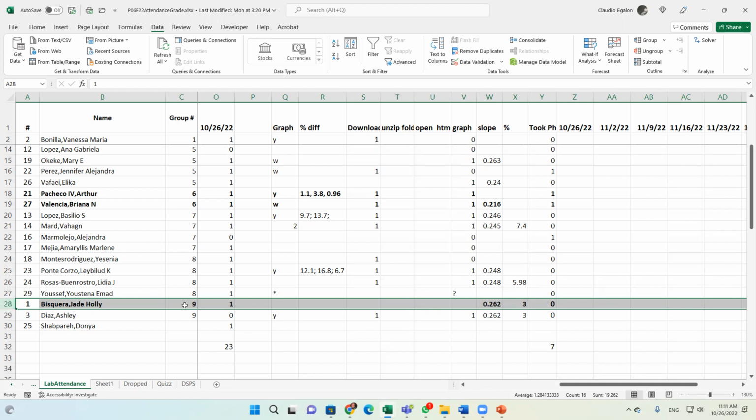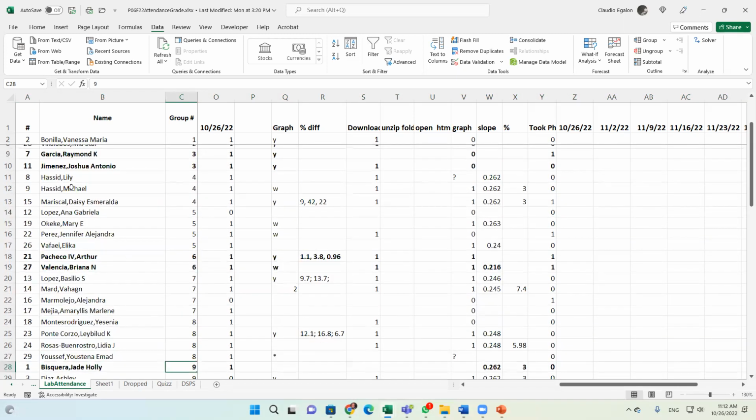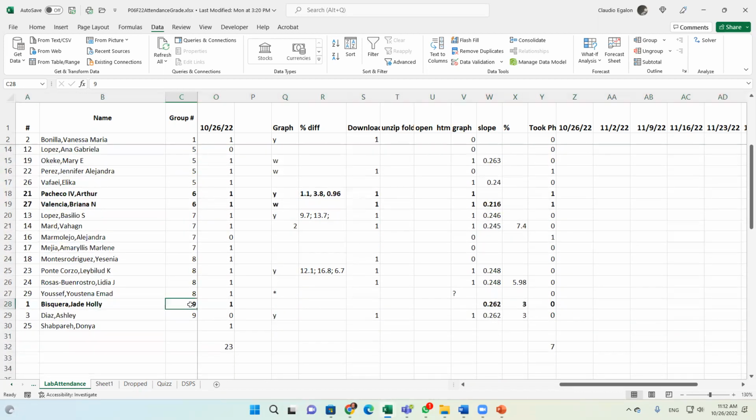Oh, you are in group 4, you said, or Ashley is in group 4. Okay, so I have to change here to group 4, right? Just confirm that with me, please. Yes, group 4. So group 4 has 4 students. What about Ashley? I don't see Ashley here.